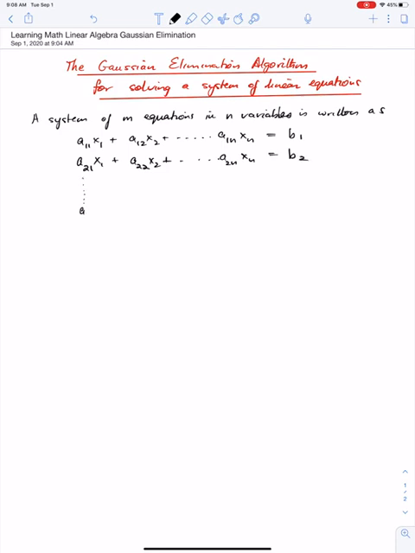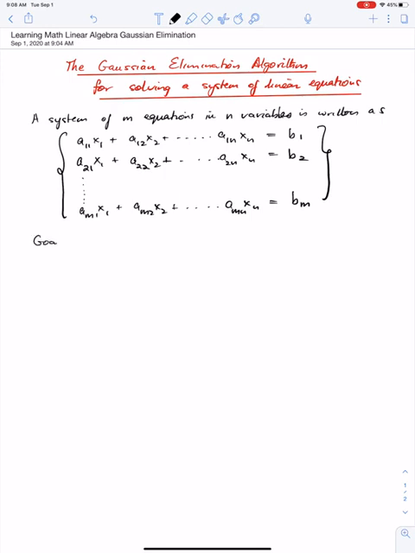All the way down to the mth equation, am1x1 plus am2x2 plus amnxn equals bm. It is customary to put some kind of brackets around it, either a large set of brace brackets or maybe two round brackets.